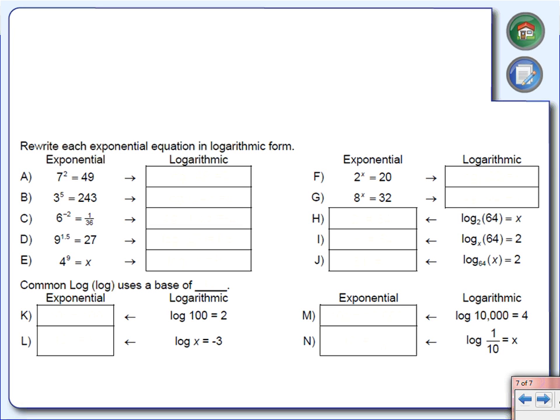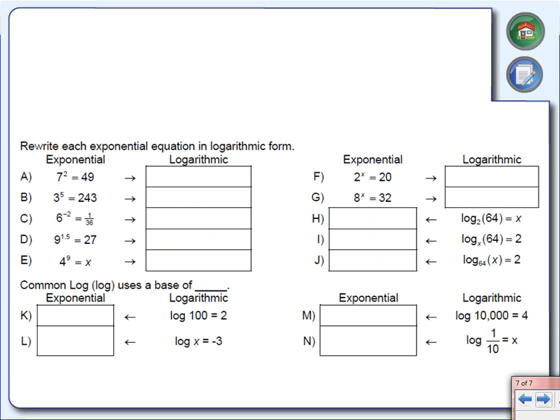All right, after you get through writing down the log, we need a little number next on the bottom right-hand corner of the g. That number that you're going to write down is the base. So, on letter A, which of these three numbers is the base? 7. So that's the little number that you're going to put on the right-hand corner of your g.